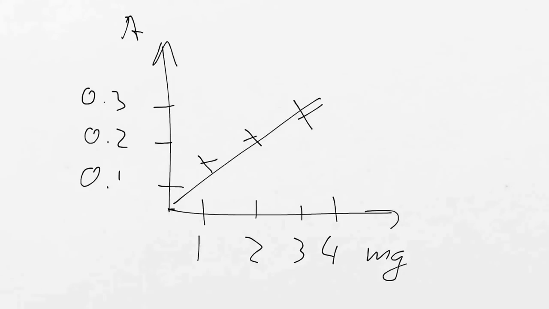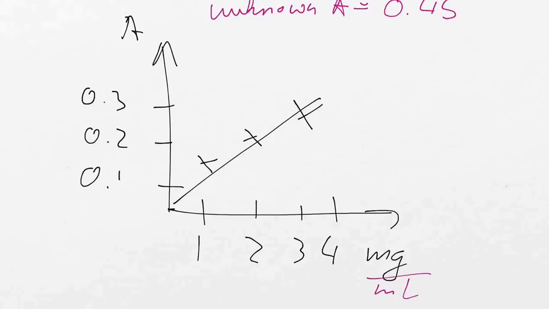And now I measure my unknown concentration. And for my unknown absorbance I get 0.45. That's what I get. I should say milligram per milliliter here as a concentration. What is actually my concentration of this? Can I do that?